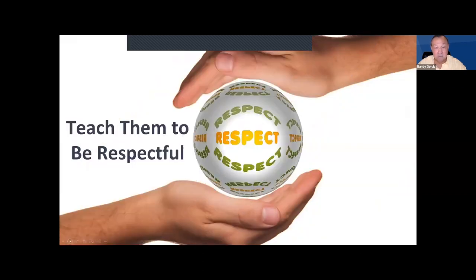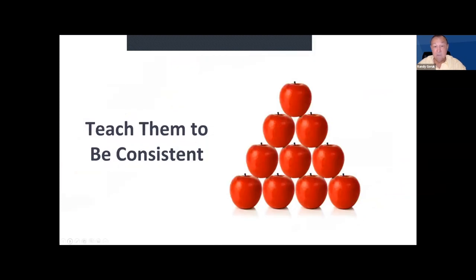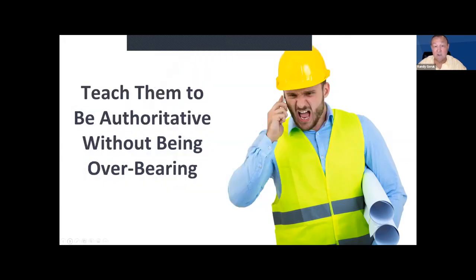Let's teach them to be respectful of people. Let's teach them to be consistent, treating people fairly, consistently, how their behavior is important when it comes to being consistent. Let's teach them to be authoritative without being overbearing. I mean, how important is that?